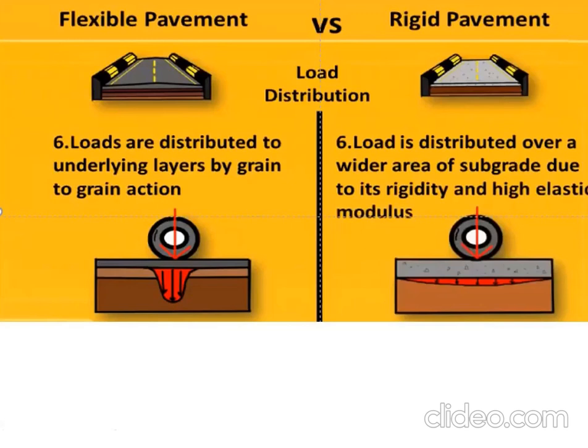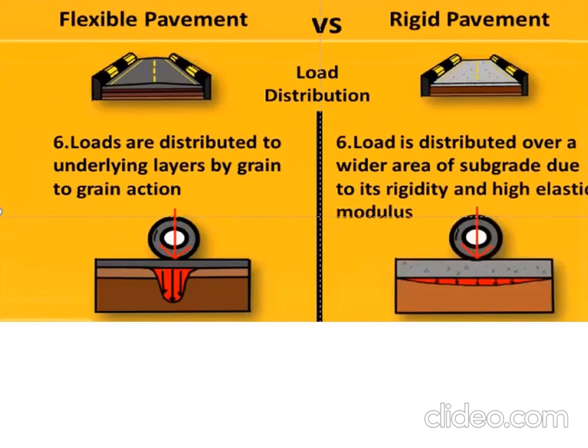But in the case of a rigid pavement, there is a uniform distribution of it. It's just like designing a simply supported beam. Why is it so? The problem with flexible pavement is that the first layer, the asphalt, doesn't have much compressive strength.